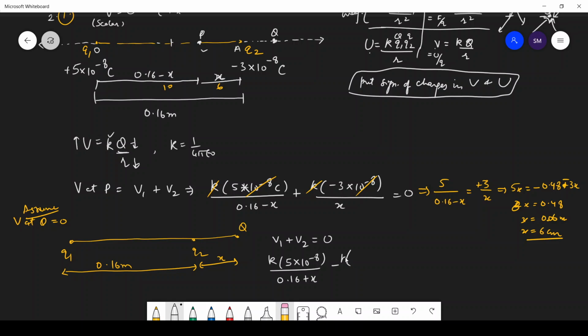So that is K into minus 3 into 10 raised to the power minus 8 divided by x. That's this distance, and that's equal to 0. So students, you can solve it in a similar way and you will find that here x comes out to be 24 centimeter.